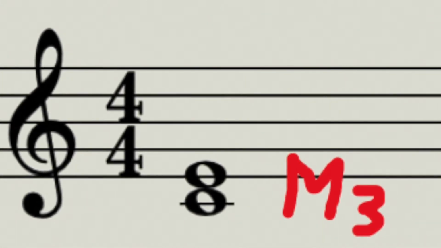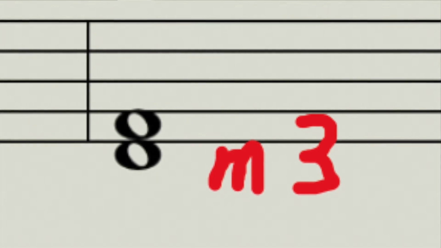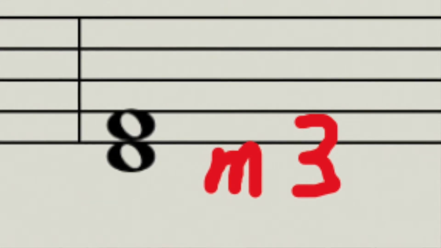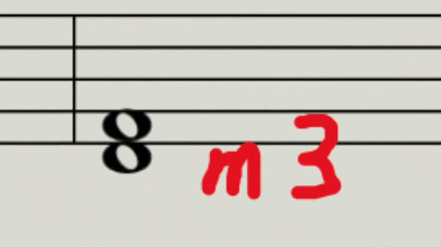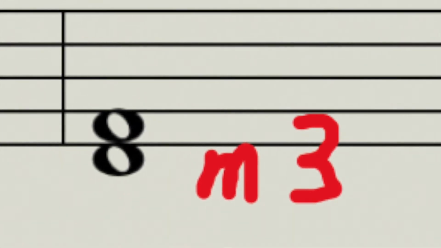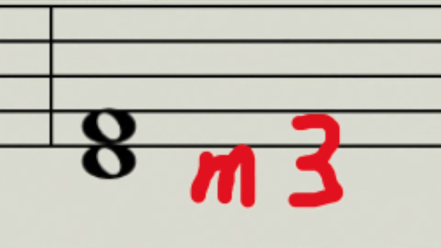The next one, the F built on top of the D, is not a major third. It would need an F sharp to be the major third, but in this case it's flatted, and you know from the interval rules that that is called a minor third. And you're going to find that as we go up, we're only going to have major and minor thirds.